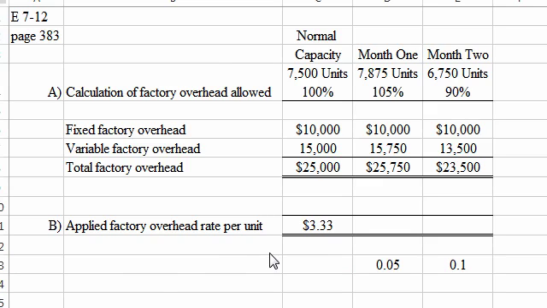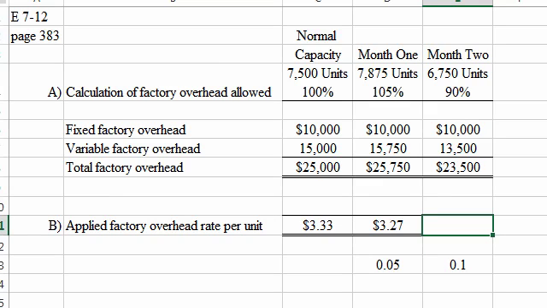And what you're going to notice, if we're able to operate above normal capacity, this number is going to go down. Let's just bring our, can't bring the formula over. We'll have to say total overhead divided by 7,875. We get $3.27 per unit there.